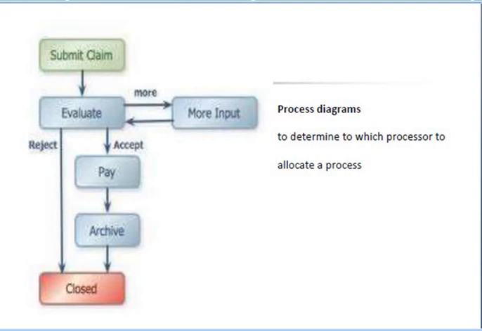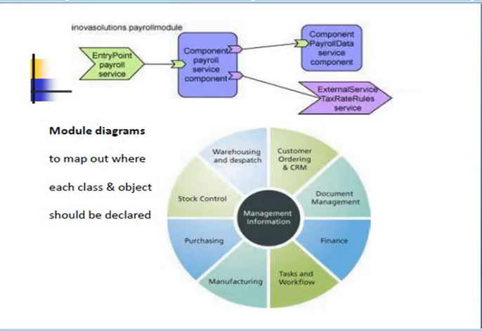It is used to determine to which processor to allocate a process. It looks like a flow diagram. Next is module diagrams. It is used to map where each class and object should be declared, as shown in this figure.